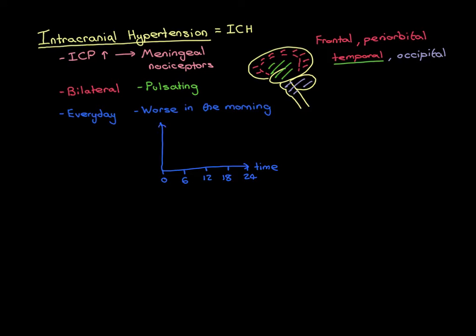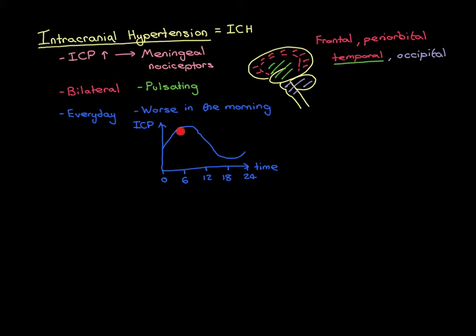This time on the y-axis we're going to put intracranial pressure, ICP, and we want to see how it goes up and down. During the night, intracranial pressure is going to go up and up and up, and by the time you get up in the morning, it's at its highest, and then as the day goes on, it will fall back down like so, and then as the night comes on, it will go back up.